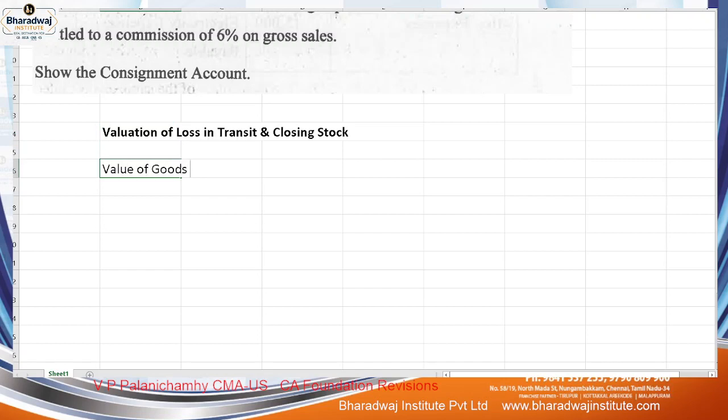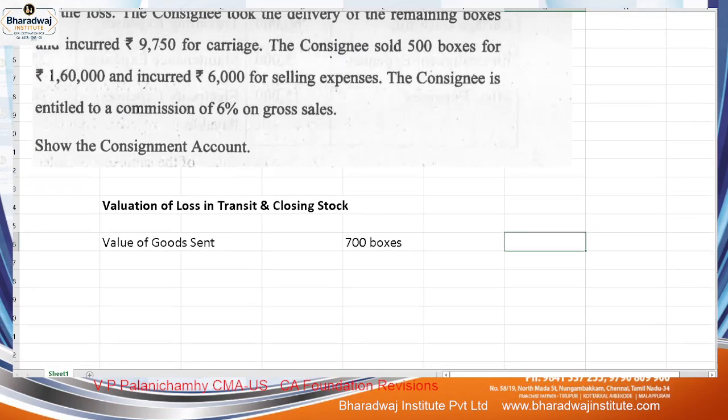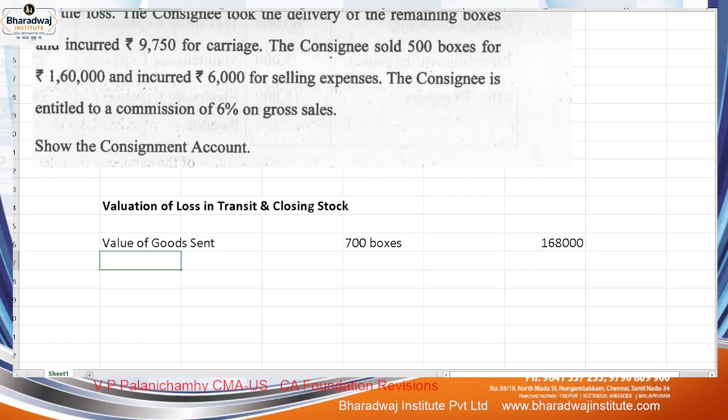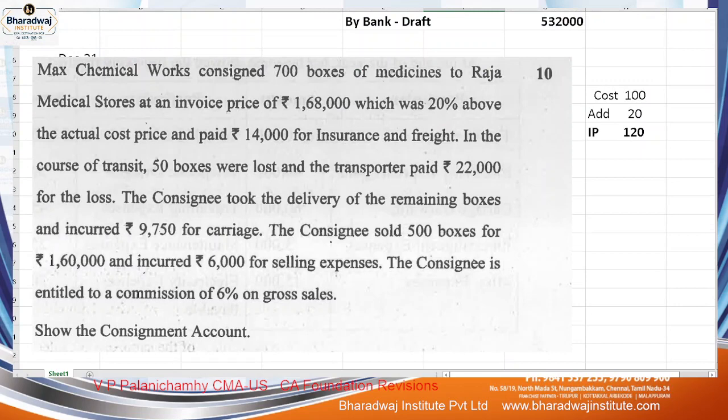What is the value of goods sent? How many boxes? 700 boxes for how much? 1,68,000. Then add consignor's expenses. I hope there is only one expense.